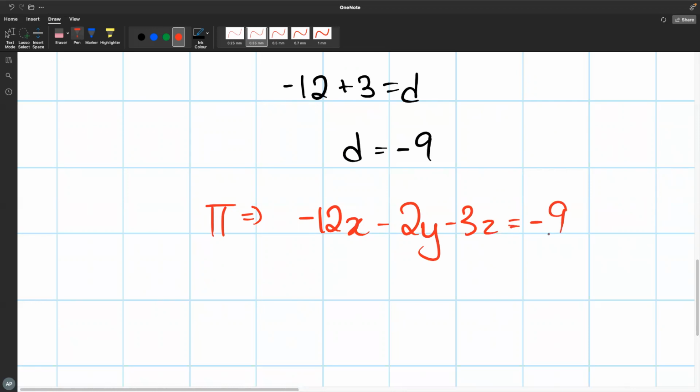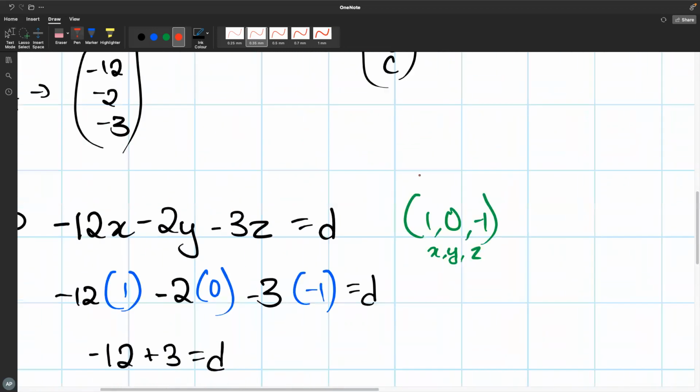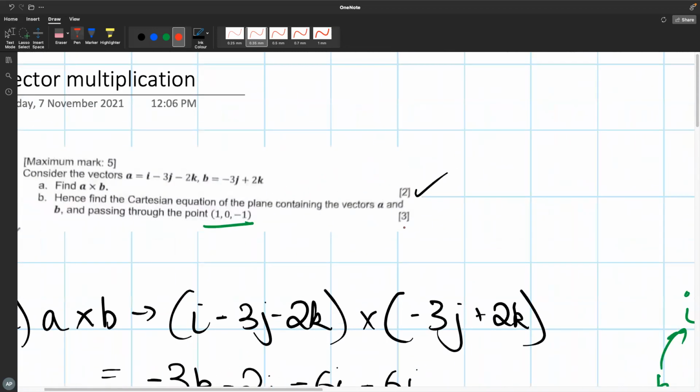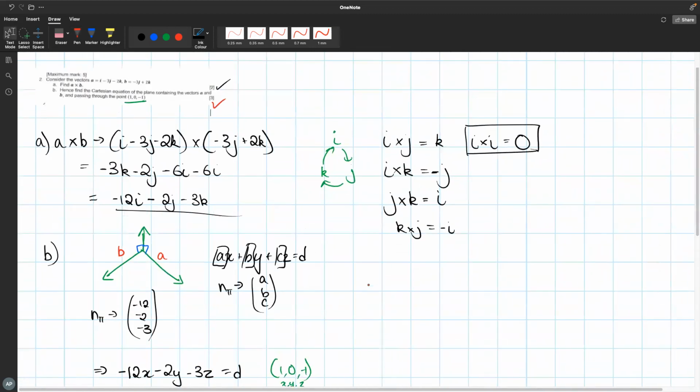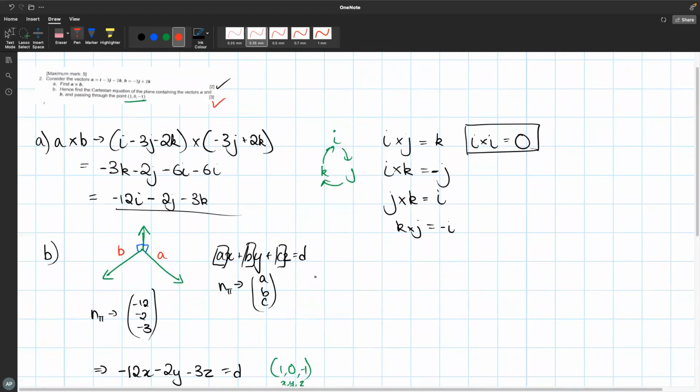Because they're all negatives, we can also write this simply as 12x plus 2y plus 3z is equal to 9. And that solves the 3-mark part B of this question. And that is how you solve this question through vector multiplication and plane theory.